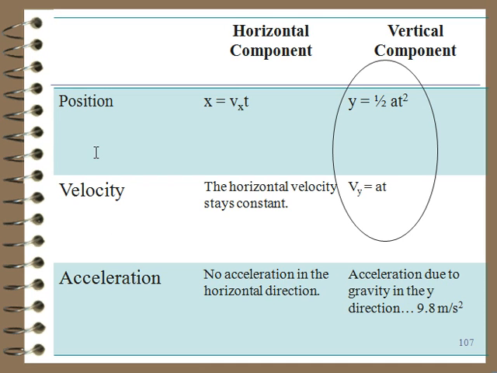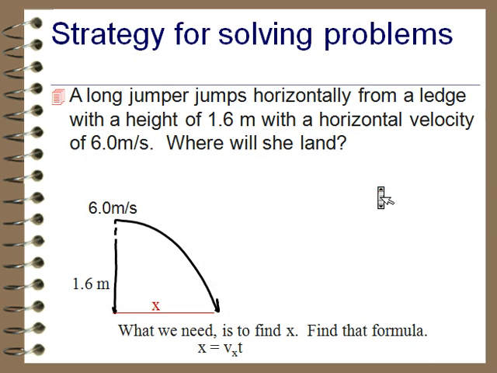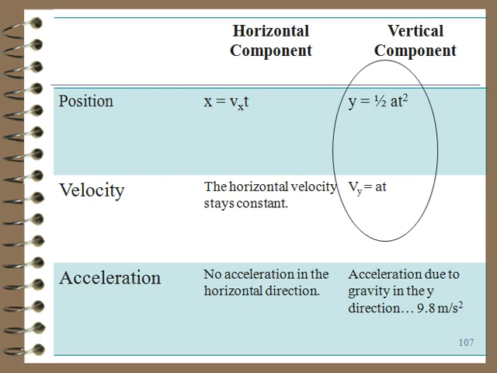And we know the acceleration due to gravity, 9.8. We do know the height, but we do not know the velocity in the y direction. So we will have to use this top one to help us solve for time.